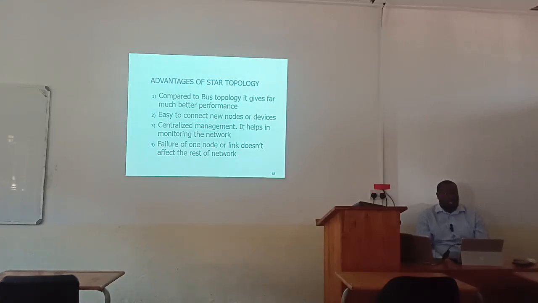And then you install internet which can go up to 300 megabytes per second, such as Starlink. Meaning that the only speed that you can utilize is dependent on the central device.